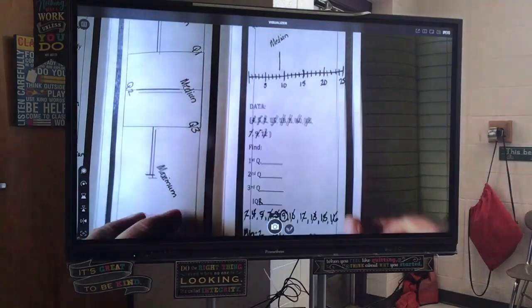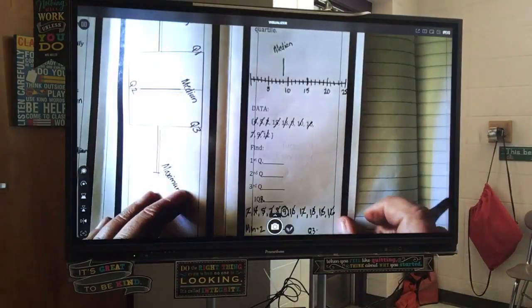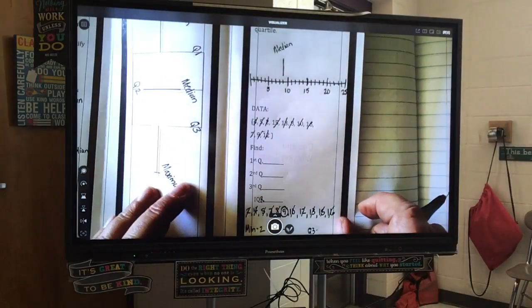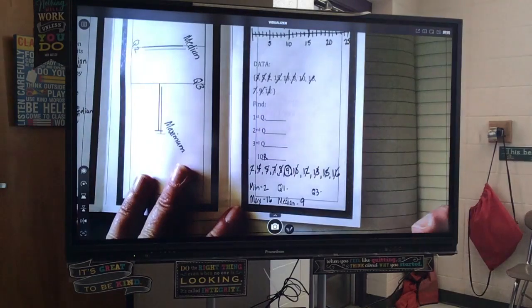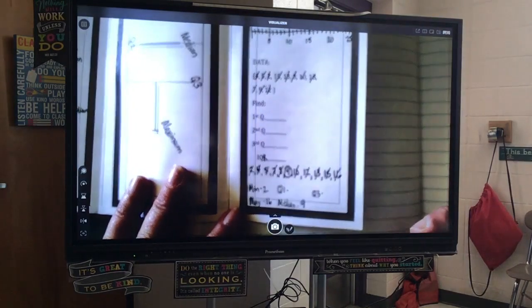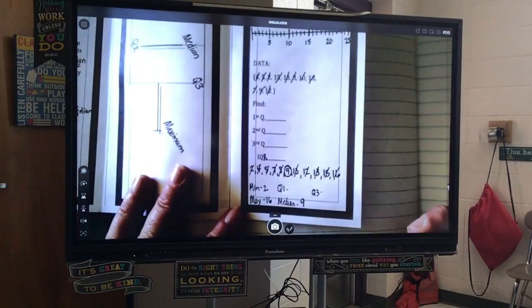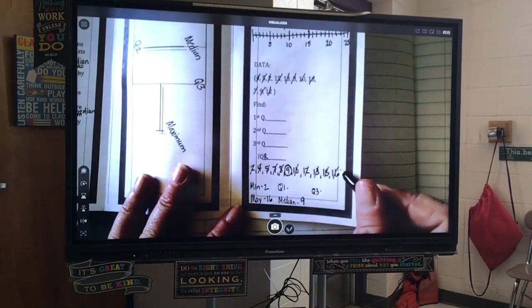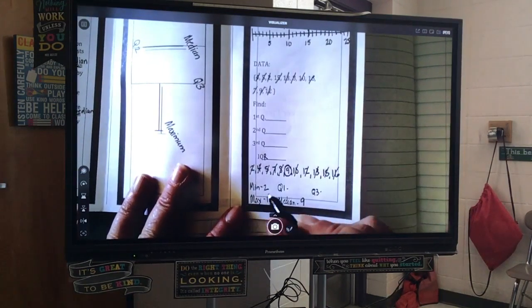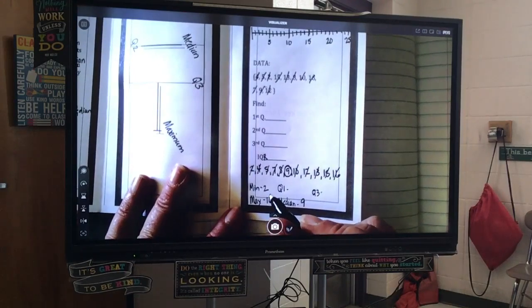Alright, now I need to find my Q1. So someone raise your hand and tell me how to find Q1. Jack? You just do the same thing just behind that. You do the exact same thing with crossing out just behind that. Behind 9, so like this way? So in front of 9. You said behind.